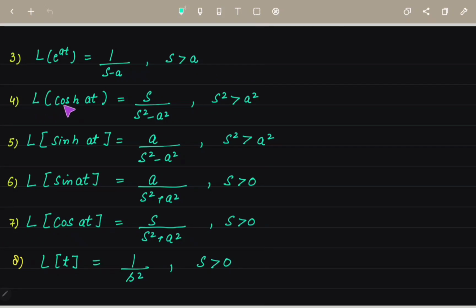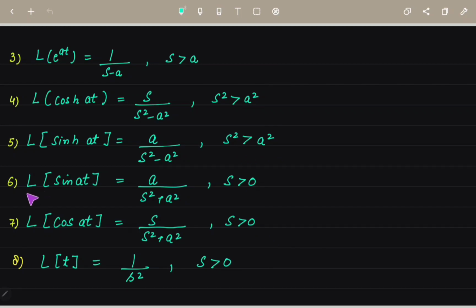Similarly, the Laplace transform of cosh(at) is equal to s divided by s square minus a square, where s square is greater than a square. Next is the Laplace transform of sinh(at), which is equal to a divided by s square minus a square, provided s square is greater than a square.